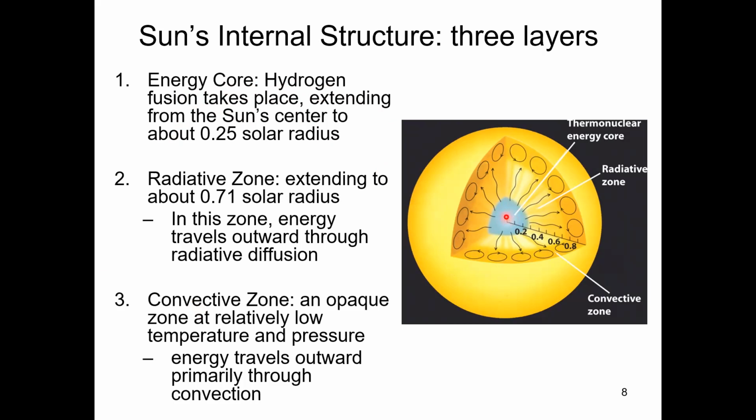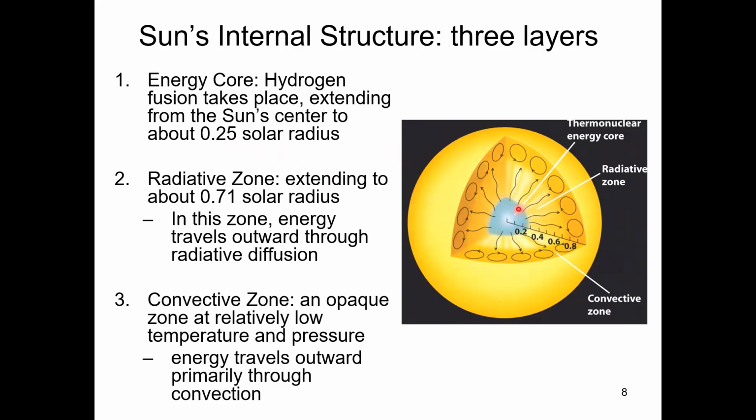So you can get it only at the center. This core is roughly about a quarter of the solar radius. If you measure from the center to the outer surface, it's roughly about the 0.25 mark, 25% of the radius.